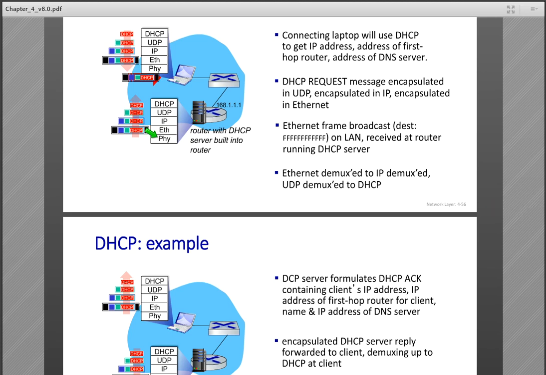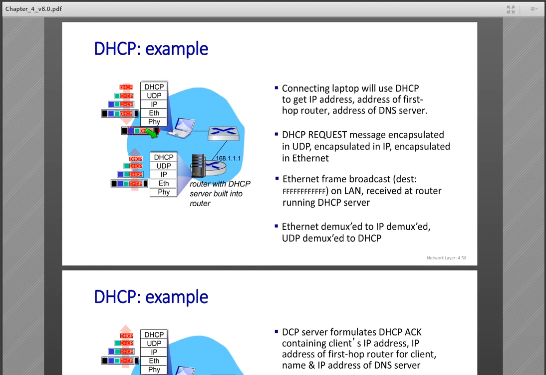And as I said, in the range of IP addresses in a network, I cannot use two of those addresses, the first address and the last address. I cannot use these addresses, but I can use the rest.